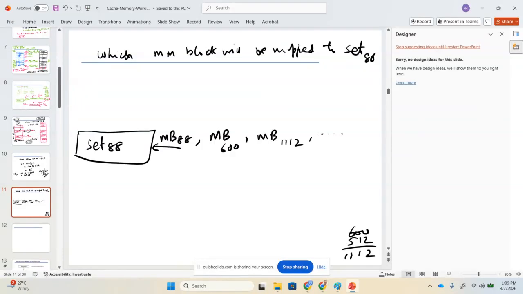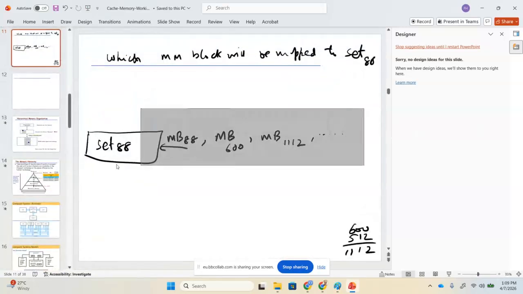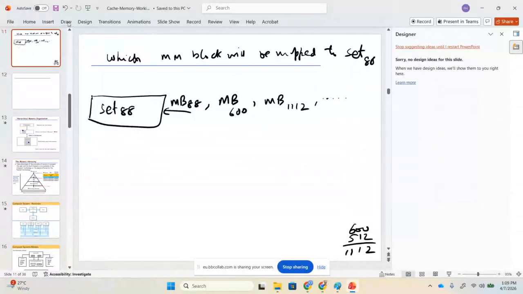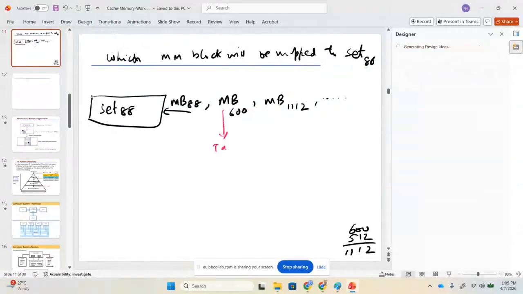Okay, now in this example, what is the tag of MB600? Can you tell me what its tag will be? Its tag will be 1. But how can we find this tag from the main memory block number?